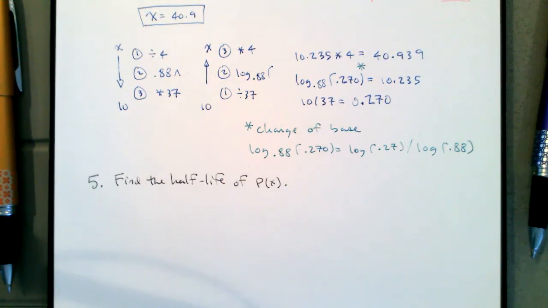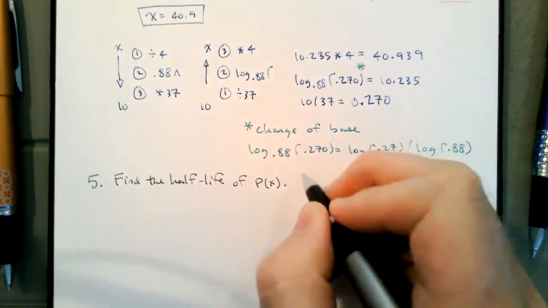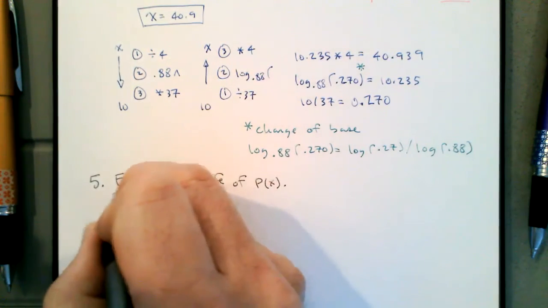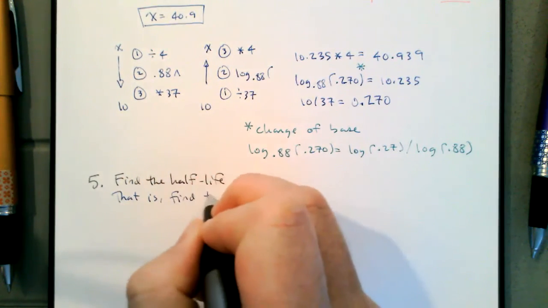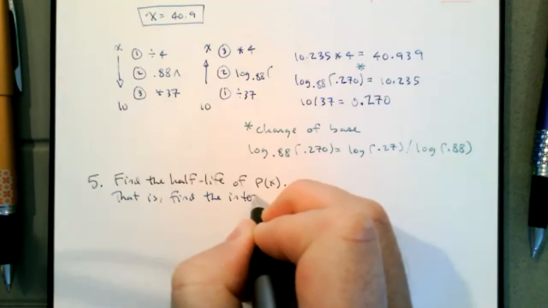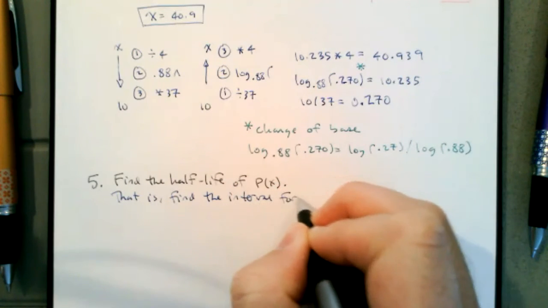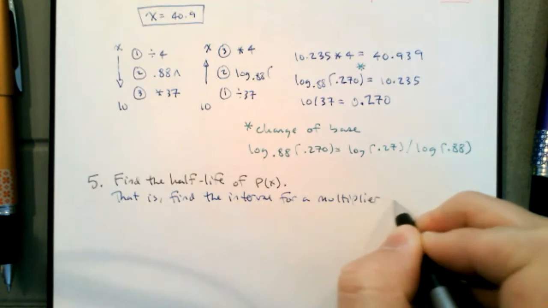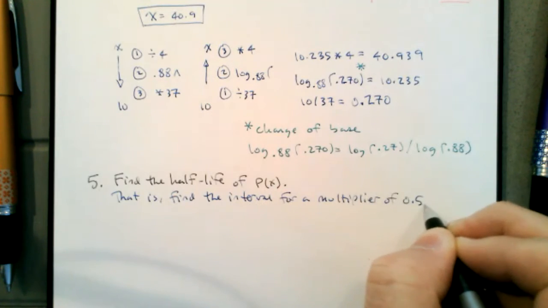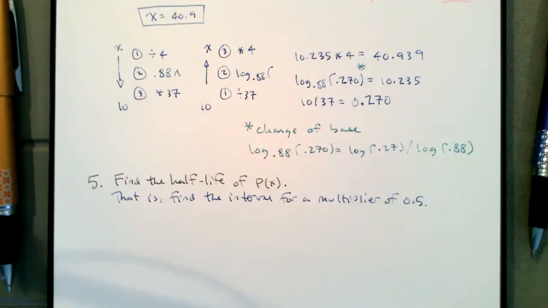What this means is find the interval for a multiplier of 0.5.